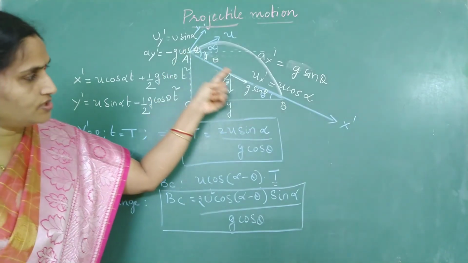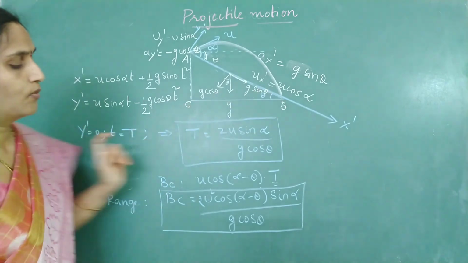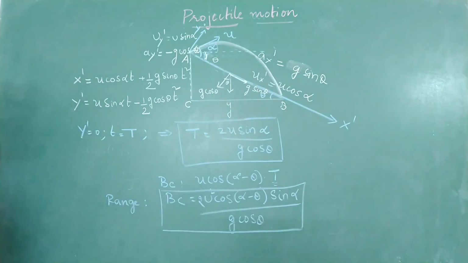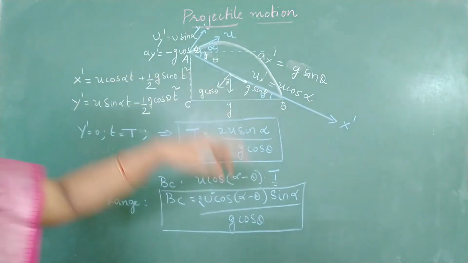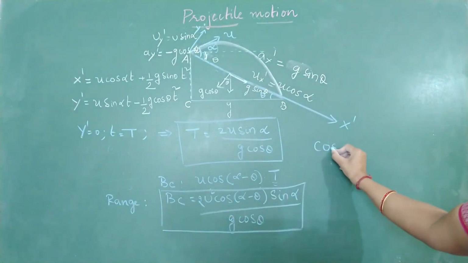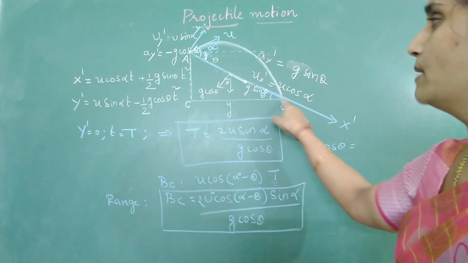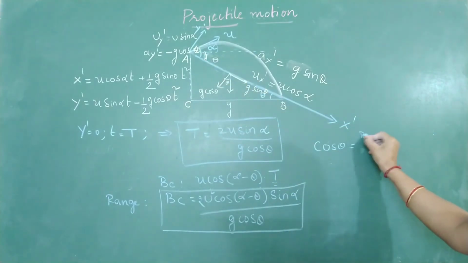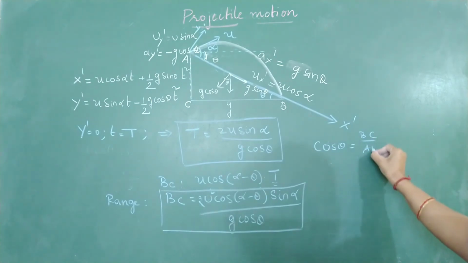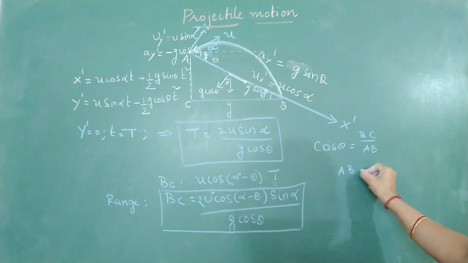But if you want the range AB, now from this triangle, what is cos theta equal to? I am calculating the range A to B, the range along the inclined plane. What is cos theta from triangle ABC? Cos theta is BC by AB. Therefore, what will AB be equal to?